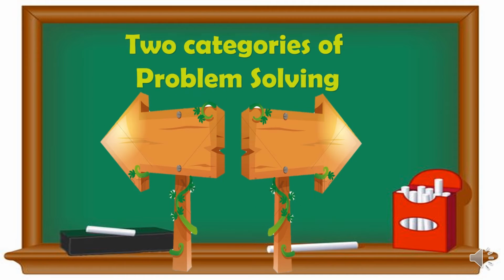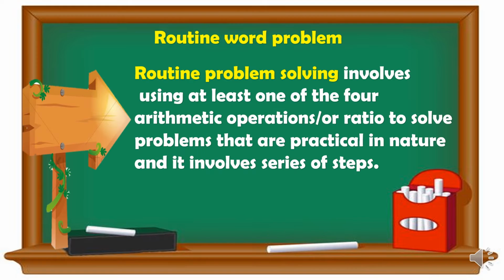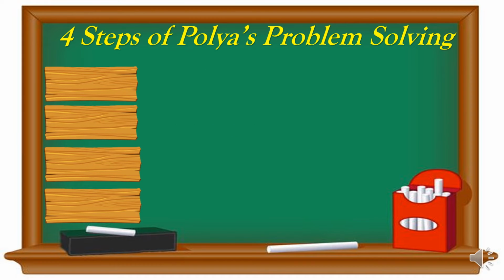Okay, in solving this, we have two categories of problem solving. First, we have the routine problem solving, and then we have the non-routine. When we say routine, that involves using at least one of the four arithmetic operations or ratio to solve word problems that are practical in nature and involve a series of steps. And what are the series of steps? We use the four steps of Polya's problem solving.